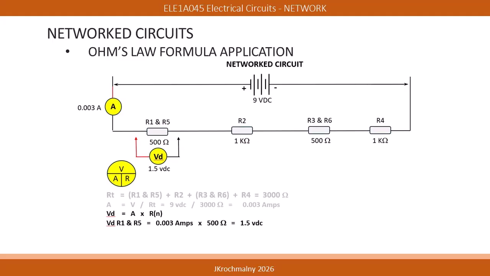To find the voltage drop across this parallel circuit, 0.003 amps is multiplied by the total resistance of this parallel circuit, having 500 ohms. Entering these values into this equation, we calculate the voltage drop across the components to be 1.5 volts DC.